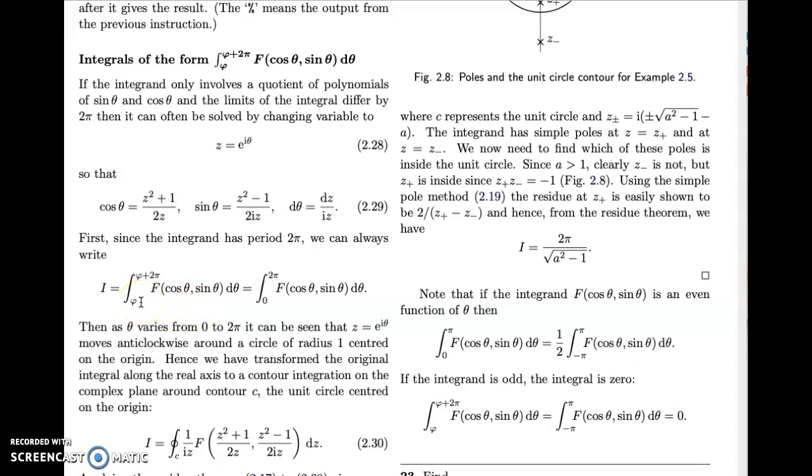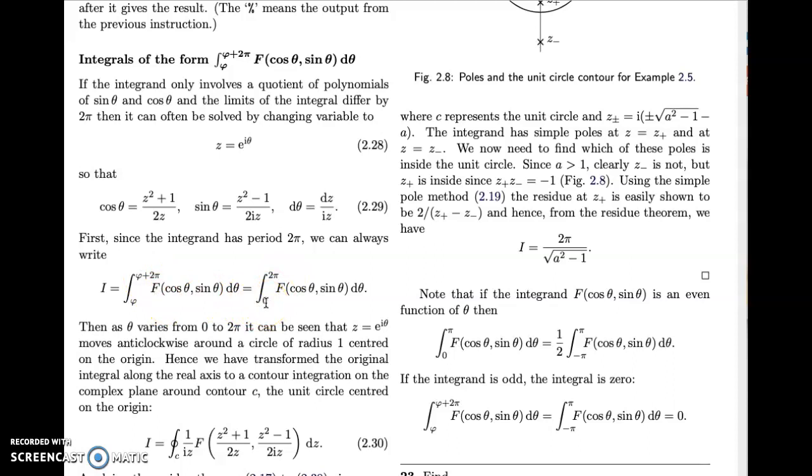So phi could be minus pi or minus pi by 2, it doesn't really matter. We can change the limits to anything we like. So just bear in mind, the 0 to 2 pi is just for convenience. Minus pi and plus pi is quite common, but we change it to 0 to 2 pi.